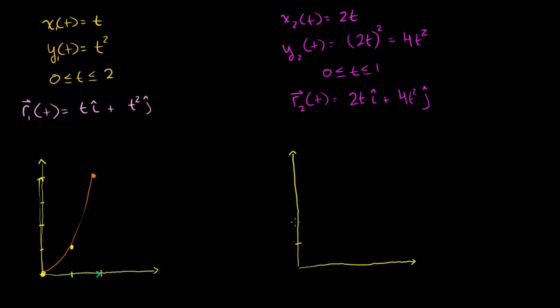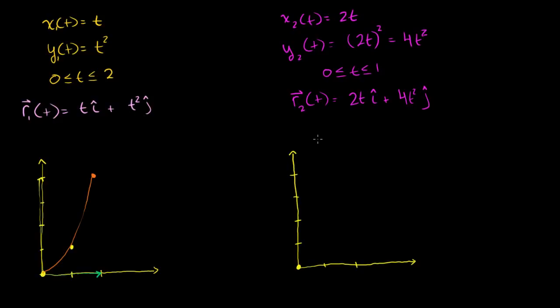So it's 1, 2, 3, 4, 1, 2. And then let's see what happens when t is equal to 0, or r of 0. All of these are going to be 0. We're just going to have the 0 vector. x and y are both equal to 0.